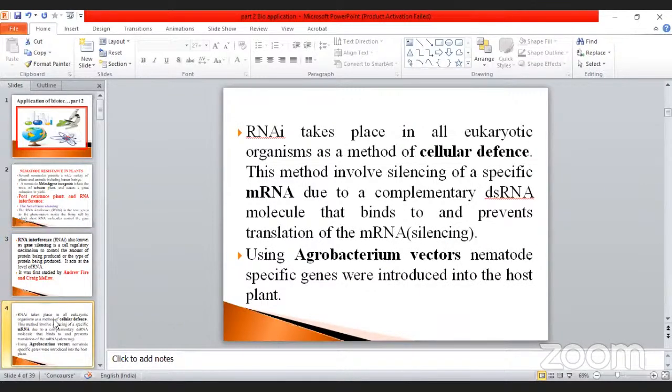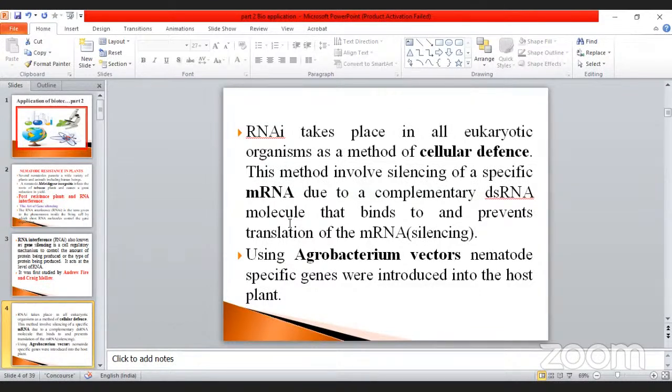Now, RNAi acts as a cellular defense, and vectors were used for the identification of this. Agrobacterium vectors: nematode-specific genes were introduced into the host plant using Agrobacterium vectors. In hybridization, what we did, E. coli was used as a vector, isn't it?